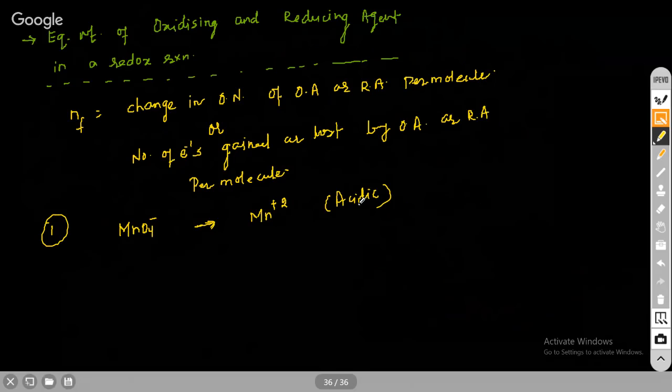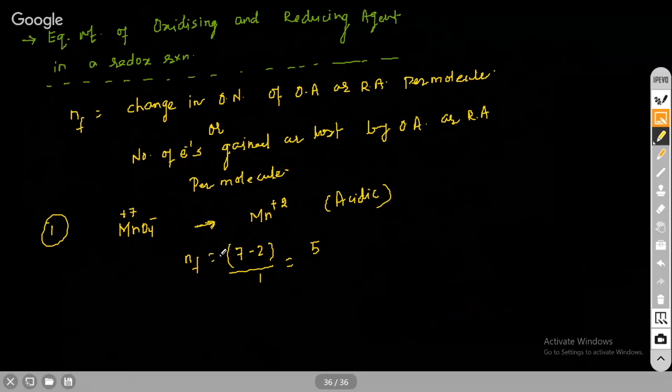In acidic medium it converts into Mn plus 2, right? The oxidation number of manganese in MnO4 minus is plus 7. So the n factor is the change in oxidation number per molecule, 7 minus 2, which is 5. So 5 is the n factor in acidic medium.